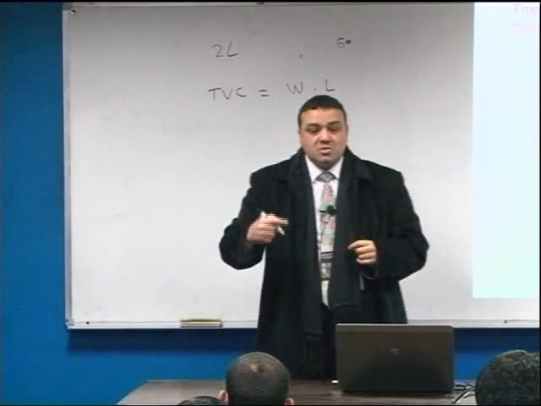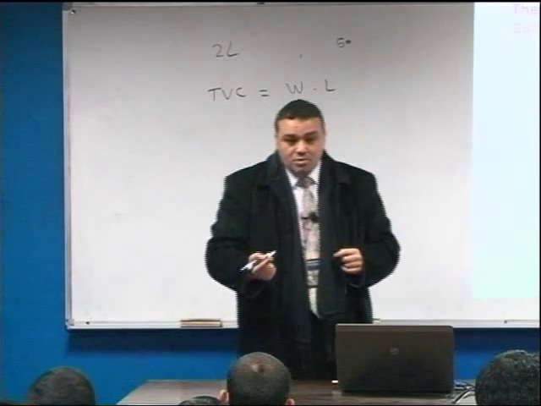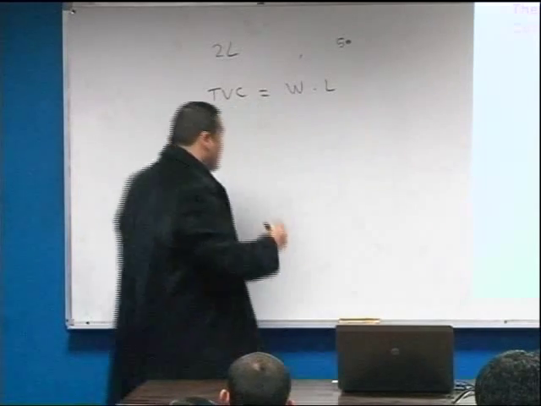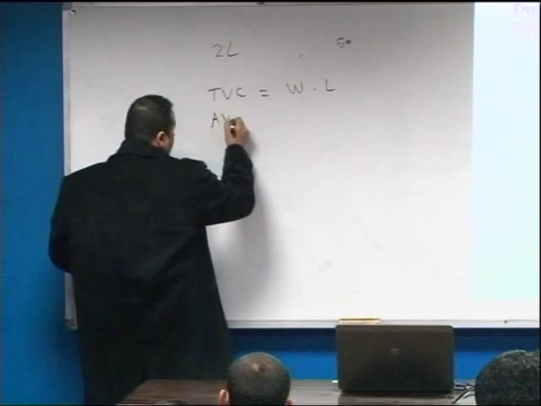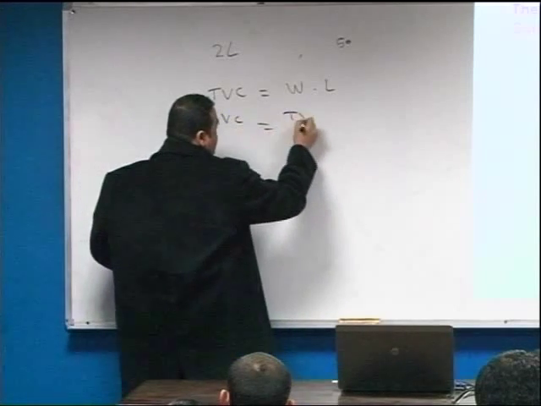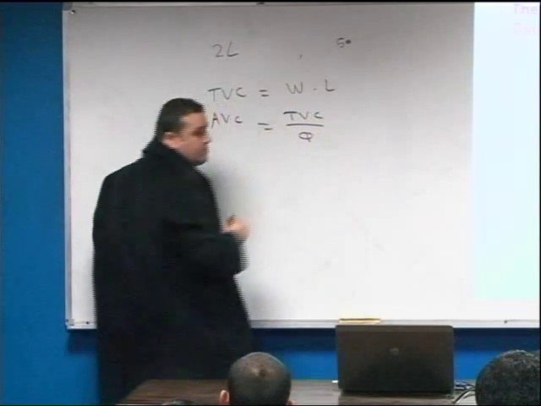Is it easy to derive the average variable cost? Yes, because AVC equals TVC over Q, right?